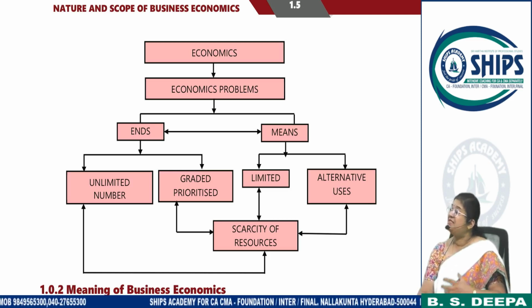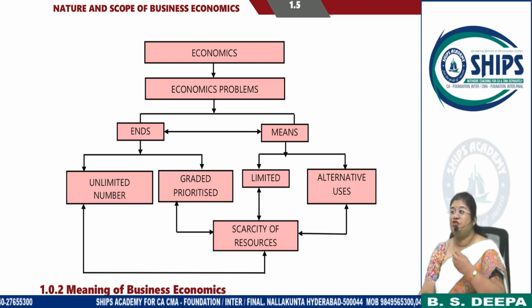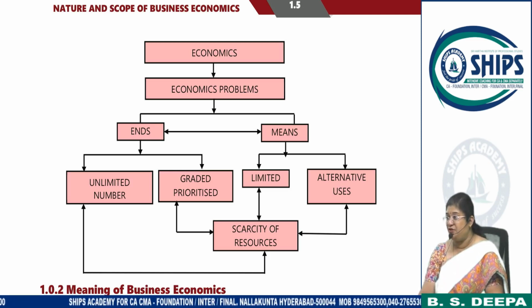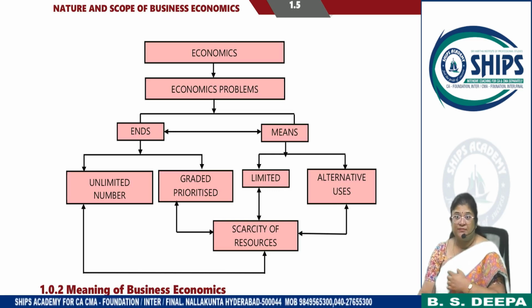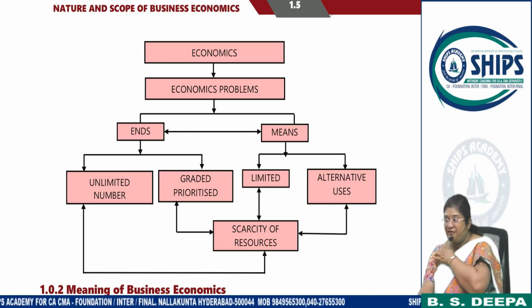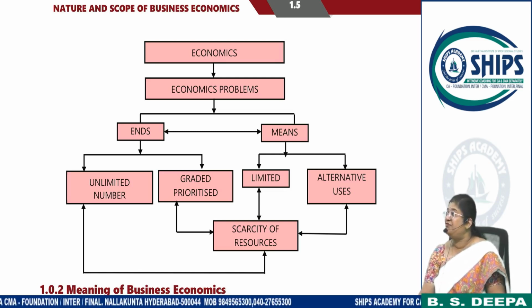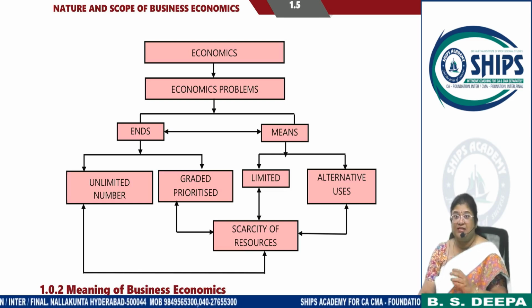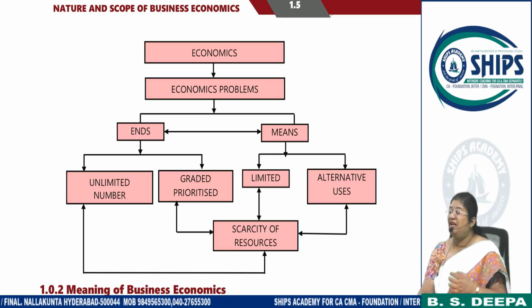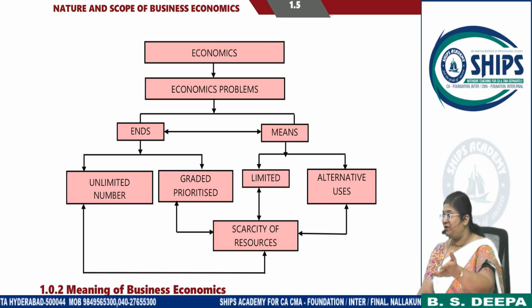Money can be used for several purposes. You wish to buy a book, you wish to throw a party for your friend, you wish to go to a movie, you want to eat something in a restaurant, right? You want to travel very comfortably home. All of these are the different kinds of things which you can do with money. But given that we have limited resources, that is a limited amount of money, we have to choose which one we have to assign this money for.